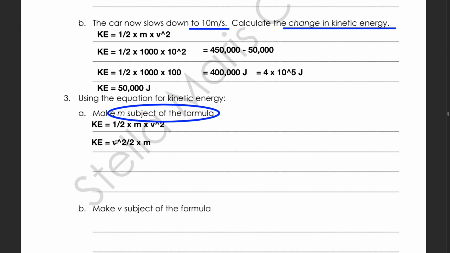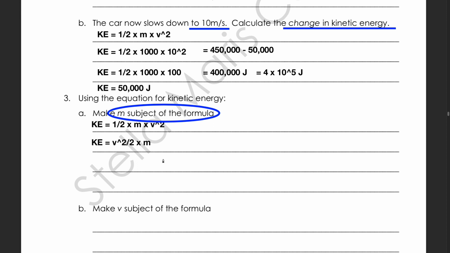This equation and this equation are exactly the same, because instead of dividing by 2 or multiplying by half, which I said already is the same thing, and then multiplying by m and then by v squared, we are taking a bit of a different route. Dividing v squared by 2 and then multiplying by m.